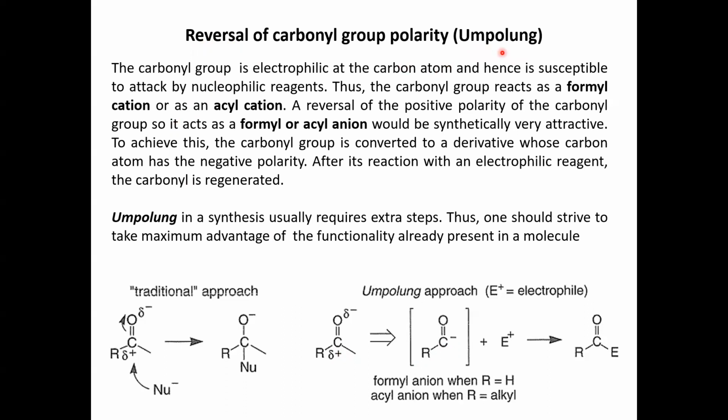Normally we have this carbonyl acyl cation, but if you can make that an anion, there will be an inversion of polarity or inversion of charge. That is called polarity inversion, reversal of polarity, or Umpolung.